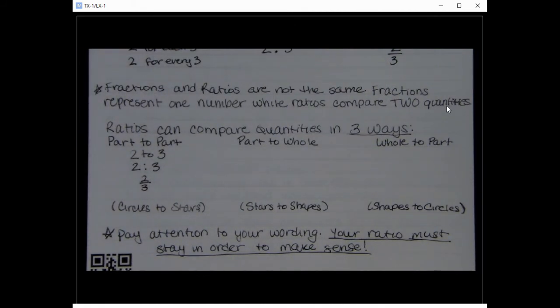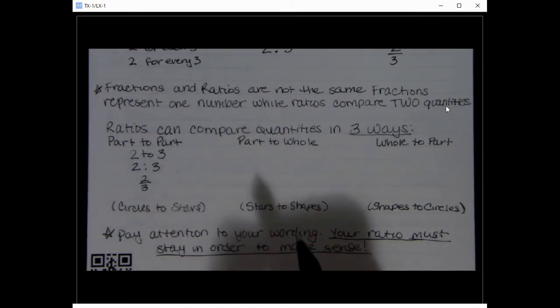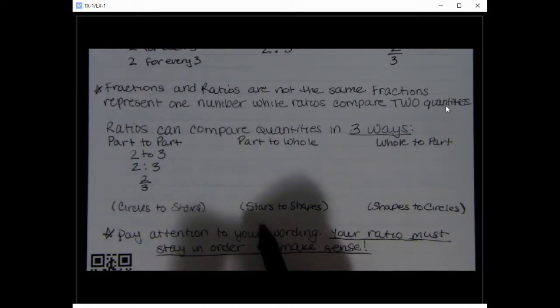The next way that you can compare quantities is by part to whole. So in this example, I have stars to shapes. So we have one shape compared to all the shapes together. That's what the whole part means. So I'm going to write the amount that I have first for my part. That is the amount of stars.